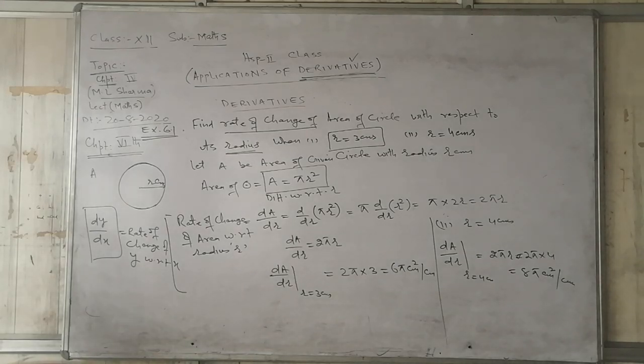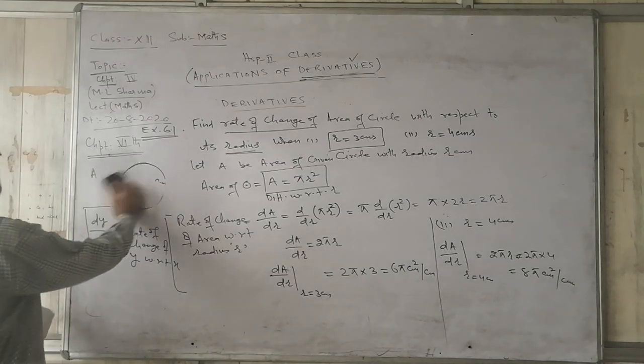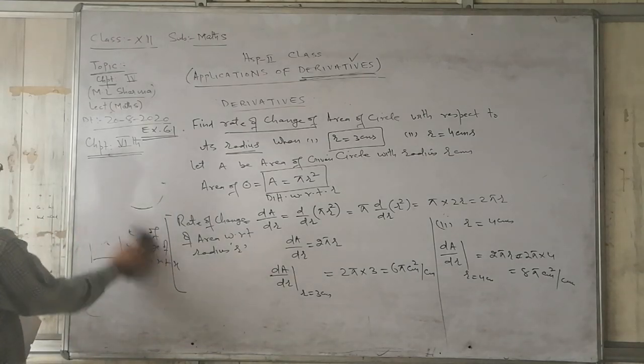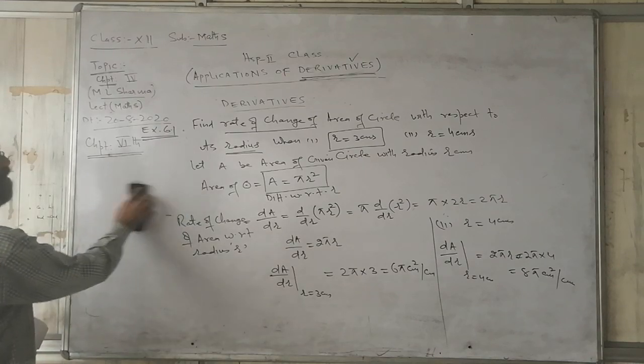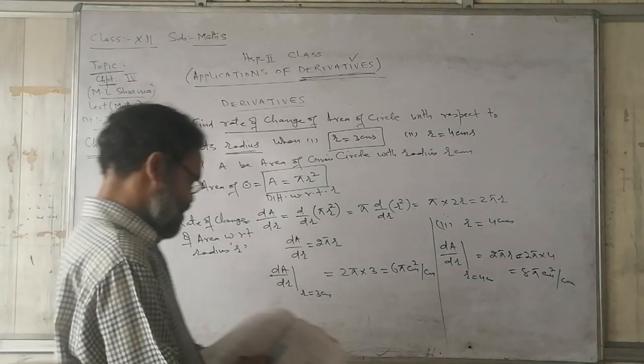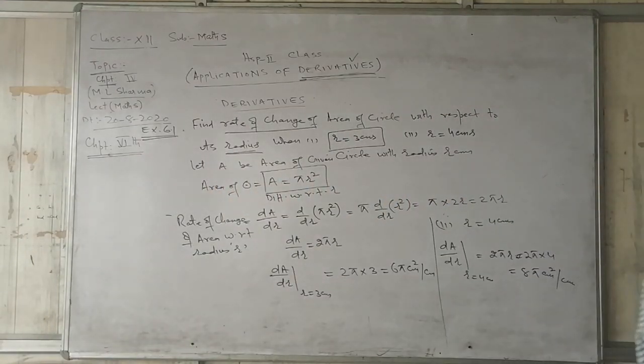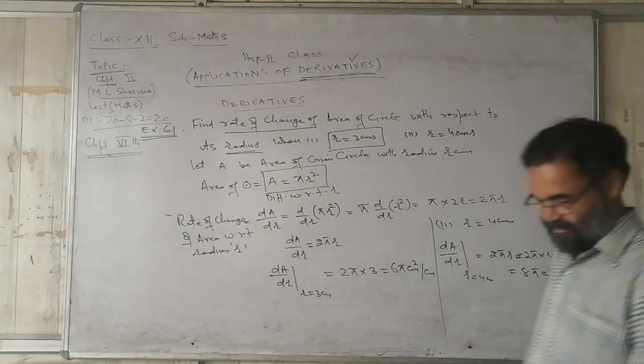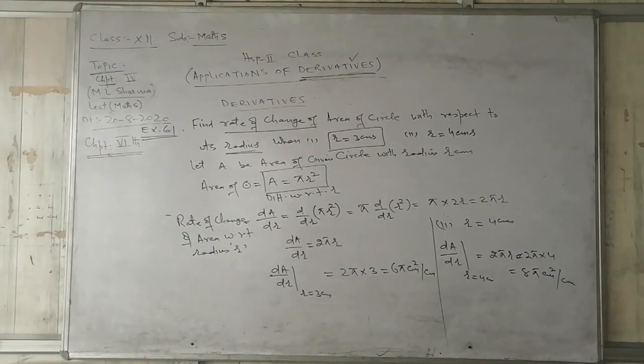Then we have another question from the same exercise. These are very simple questions. There are 15 questions in total, Exercise 6.1. So all the questions are almost, you have to differentiate only.